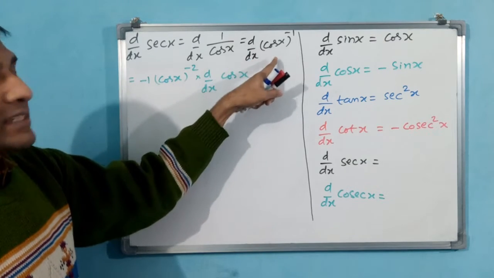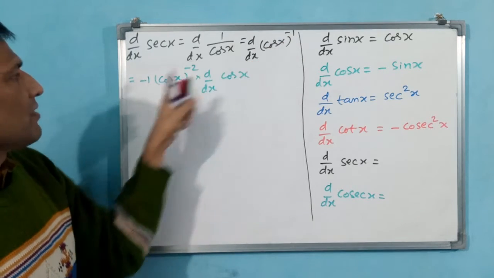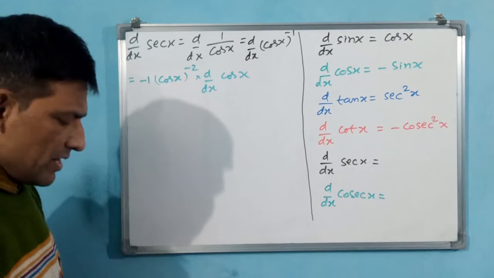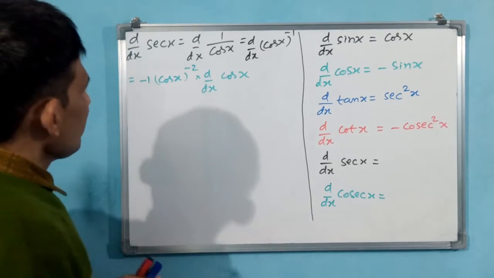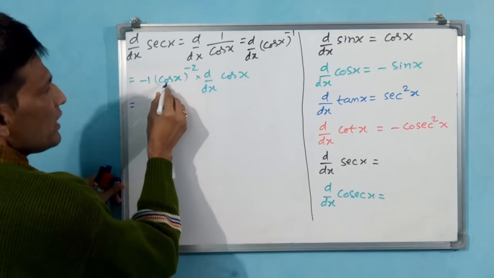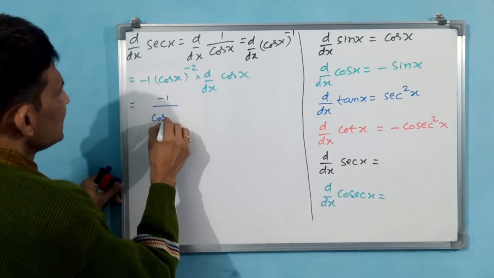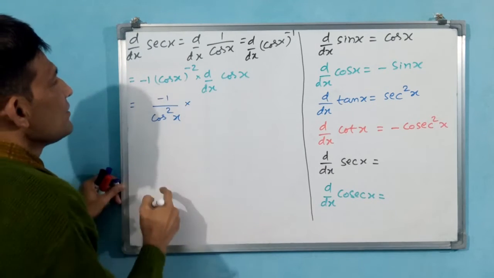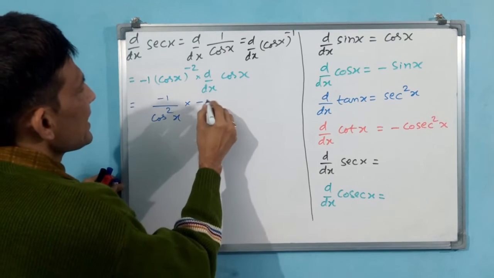That is why cos x has to be differentiated again. Like x to the minus 1 means minus 1 x to the power of minus 2, d by dx of cos x again you are doing. That you keep in your mind. That is equal to cos to the power of minus 2, shall I write like this? Minus 1 into cos square x into d by dx of cos x, which is again minus sin x.